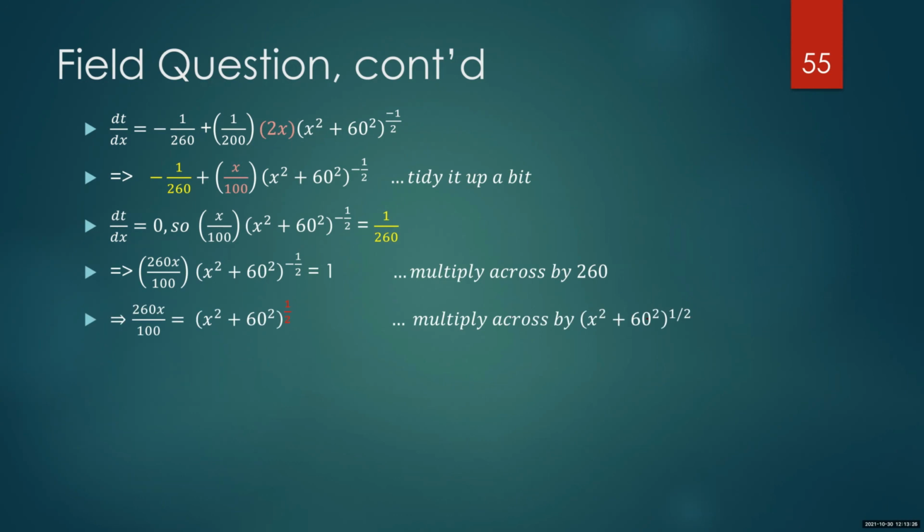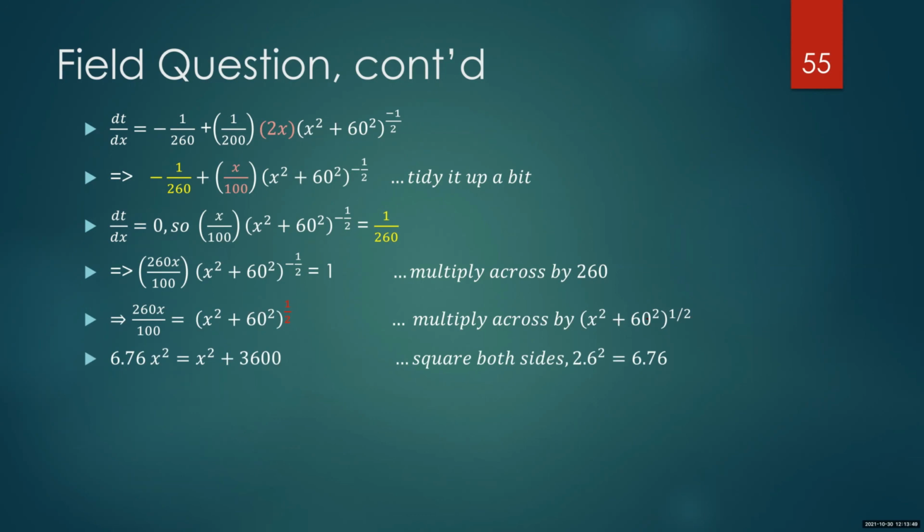What we're doing here to get to this point is we divide each side by (x squared plus 60 squared) to the -1/2. And so that gives us 260x over 100 is equal to (x squared plus 60 squared) to the power of 1/2.